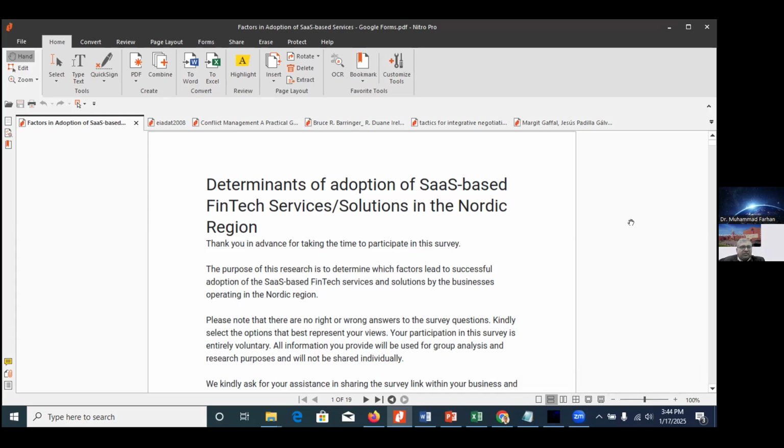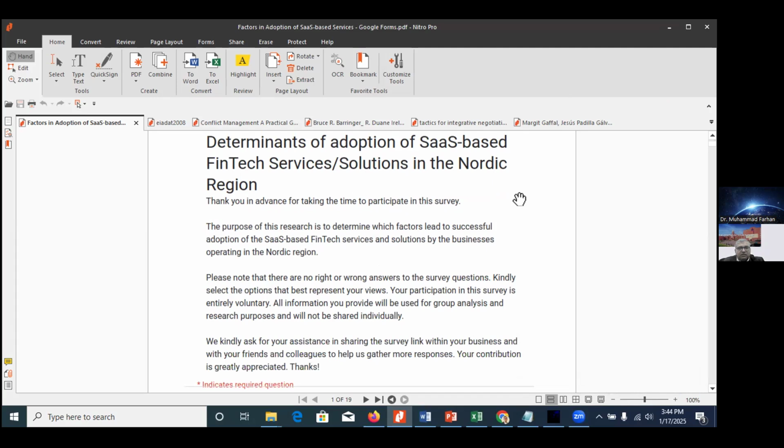So this is determinants of adoption of SaaS-based fintech services. Can somebody please respond in the chat that it is visible to you?